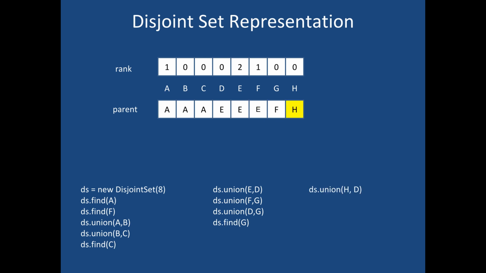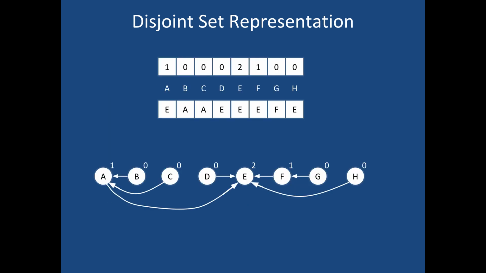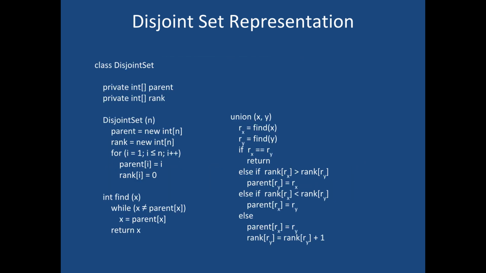Okay, so that makes it a practical data structure. We don't have to be creating pointers and such. There's some code that captures what I was doing. For example, the find operation: we're trying to find x. While x is not equal to its parent, x gets its parent. When that loop ends, we return x. Here's the union by rank.